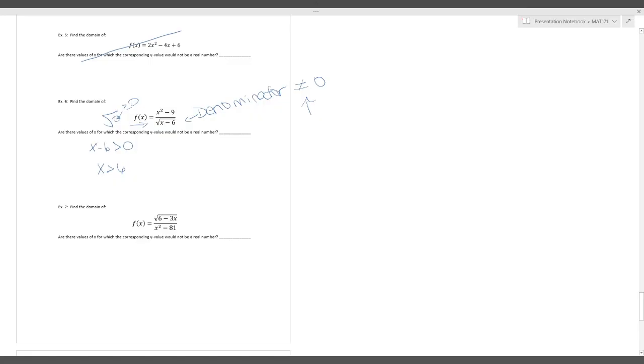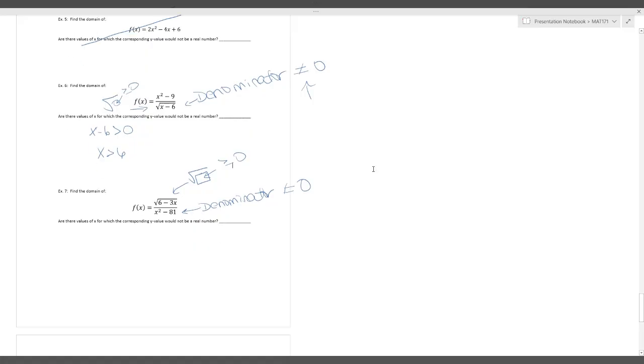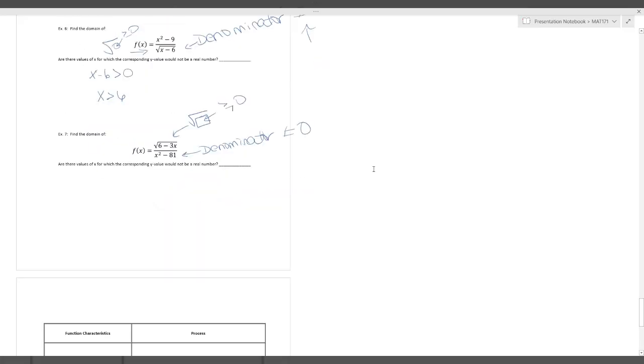Now here, we have the denominator cannot be equal to 0. Here, we have the square root, and remember, what's under it has to be greater than or equal to 0. And that can stay because the denominator doesn't affect the numerator as to what we can and can't do.